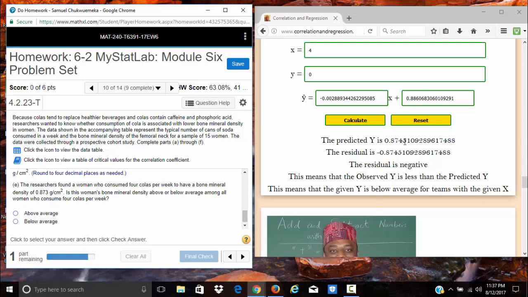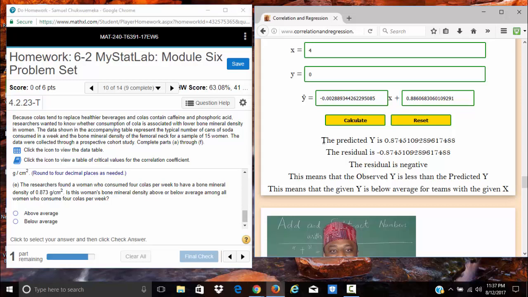We are still on predicted. For somebody who consumes 4 colas per week, the person is supposed to have a bone mineral density of 0.8745, or 0.875 if you round to 3 decimal places, grams per centimeter squared.